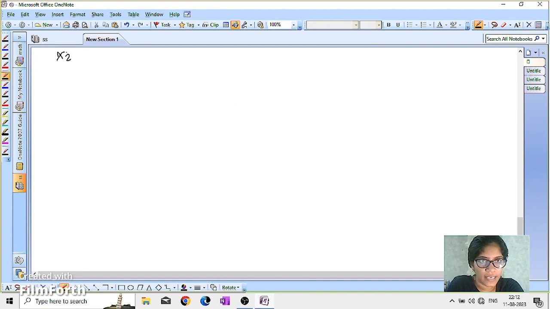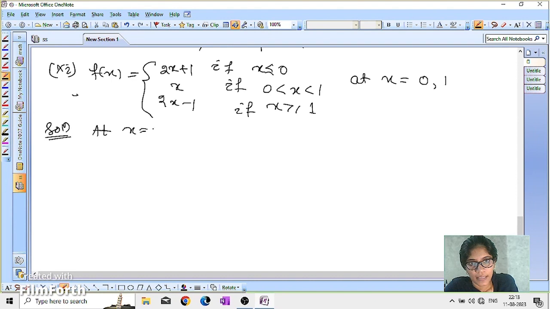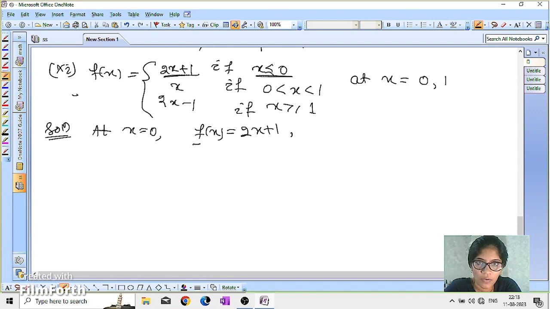Next question is the next one. At x equal to 0, f of x, look, what is the function value at x equal to 0? f of x is equal to 2x plus 1. Now f of 0 is equal to 2 into 0 plus 1, which equals 1.